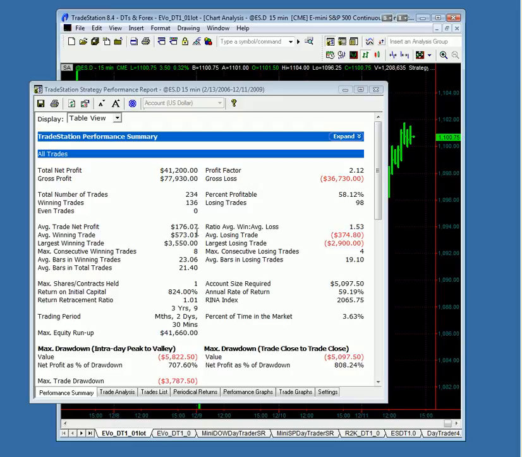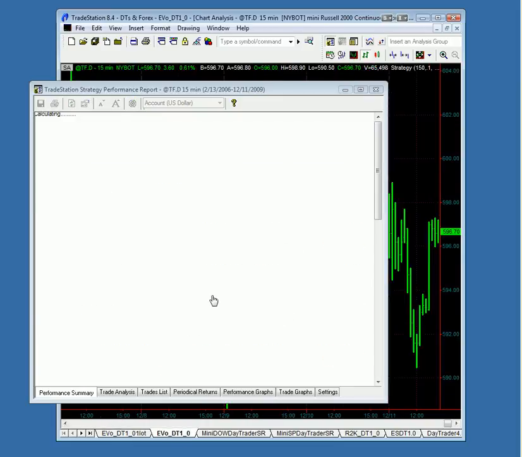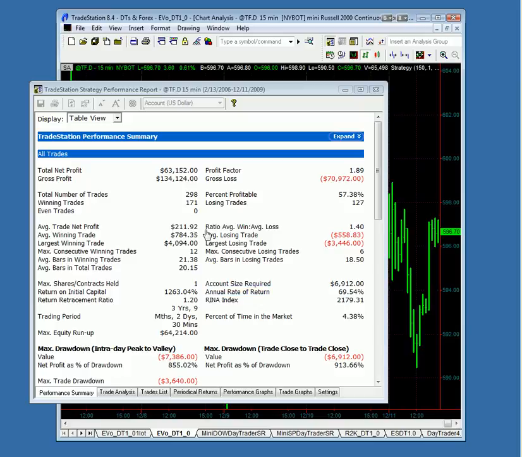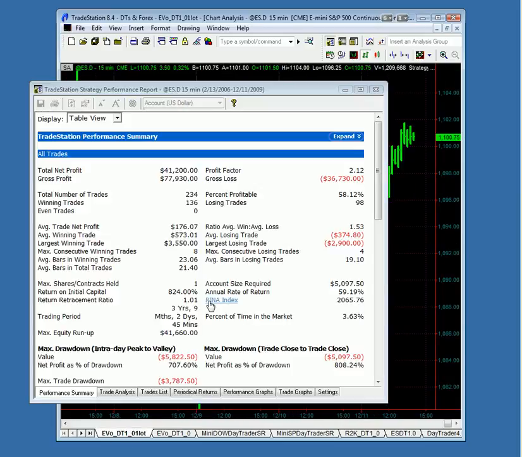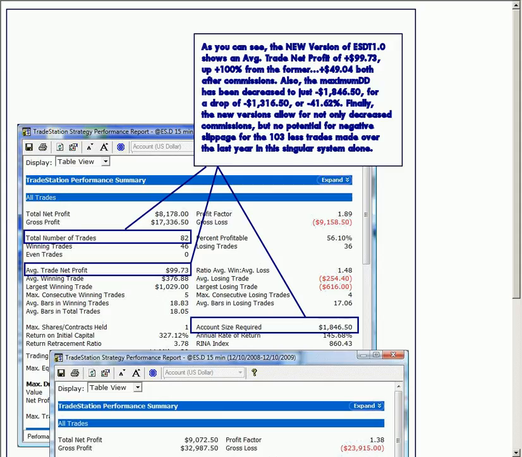Still being strong is the Evo. As you can see, very impressive, $176 average trade net profit, and the Evo ER, this is actually the Russell right here, $211. But of course, these have greater risk, but every time you make a trade, it's going to be impressive. So here's the ES Day Trader 1.0, half of the Dual Day Trader.